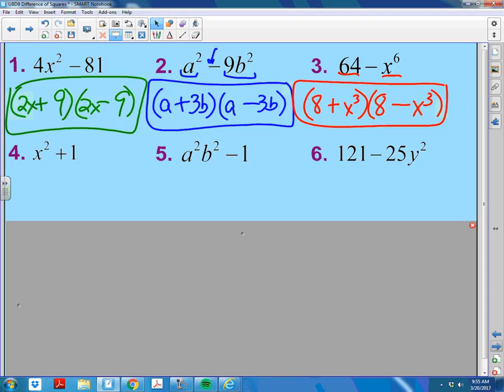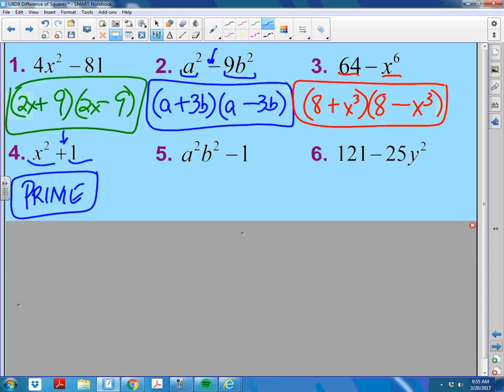Now, on number 4, is the first one a perfect square? Is the second one a perfect square? Not technically. 1 is absolutely a perfect square, 1 times 1. Okay? But that is a problem. The minute you have addition, it is called prime.